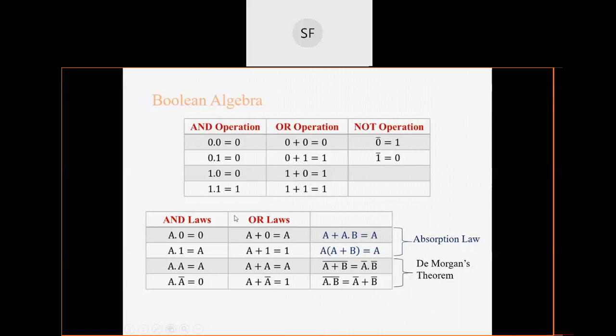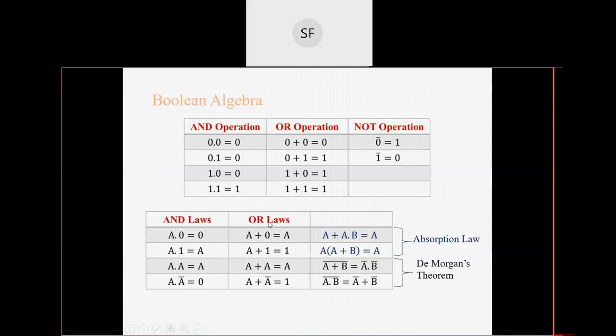Okay, now there are certain laws, and these are very basic laws. So these are the AND laws. You can observe here that all these operators are nothing but AND operators.